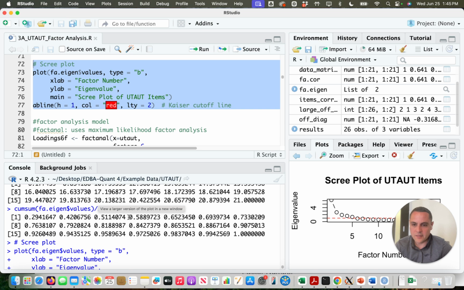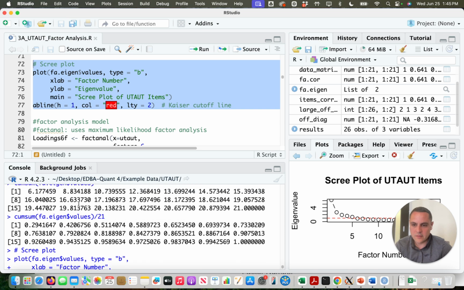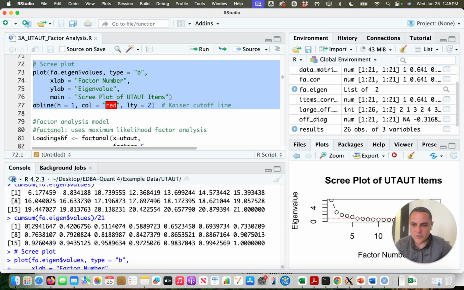So you can see when you look at the percentages, going across, 1, 2, 3, 4, 5, we have 1 factor, 2 factors, 3 factors, 4, and then 5. I want to be clear on that: we're actually going over 59% when we get to 6.